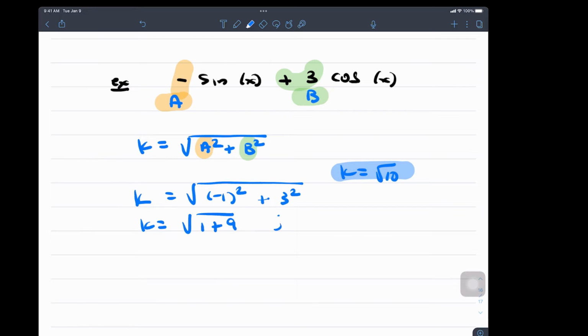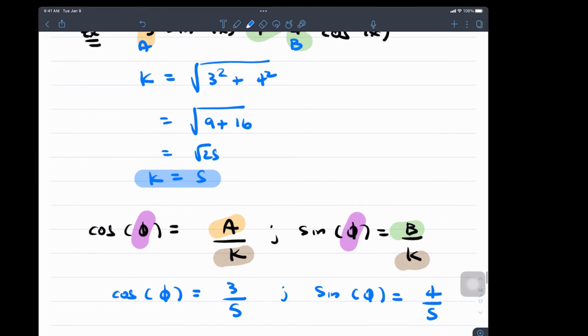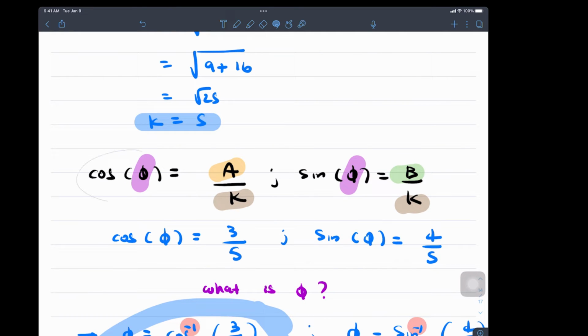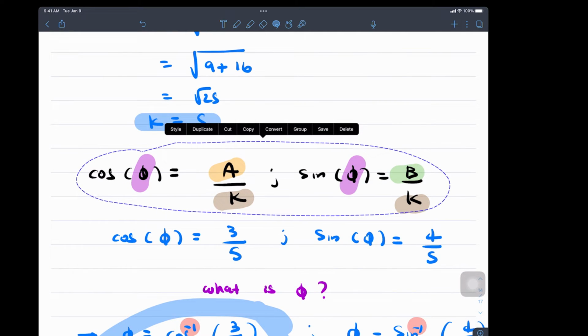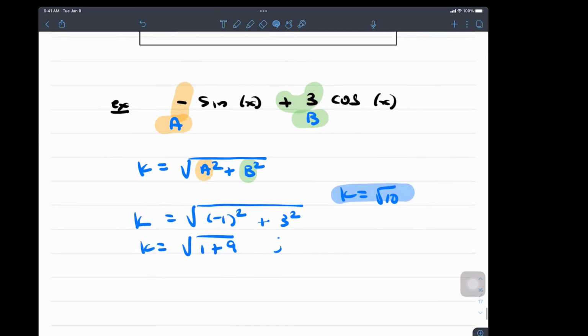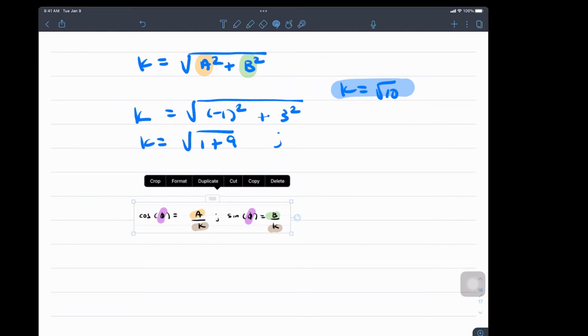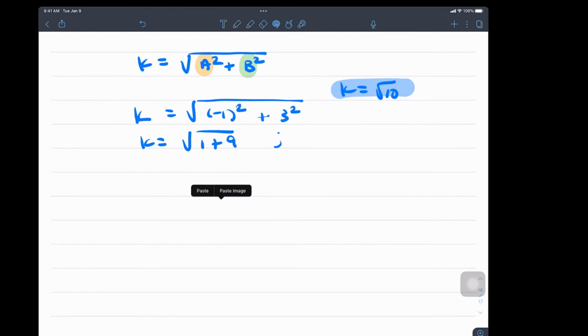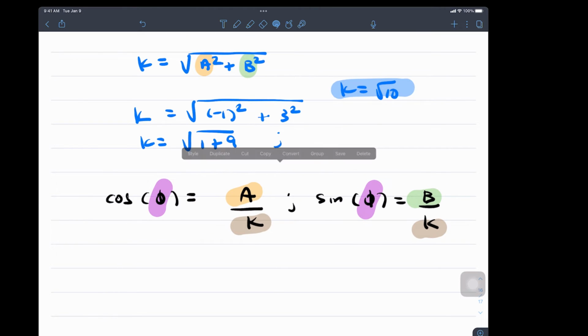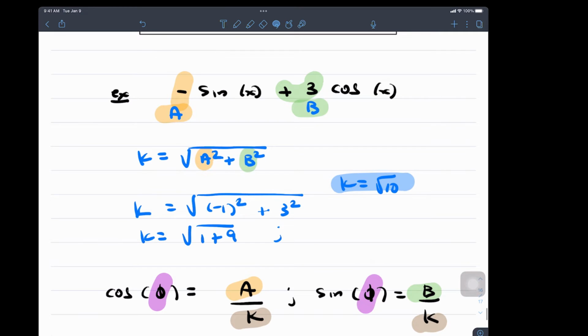All right, you guys okay with that? No big deal. You got your K. That's the definition. But what do you got to use? We got to use this. And do that. So what's A? Negative 1. What's B? 3.